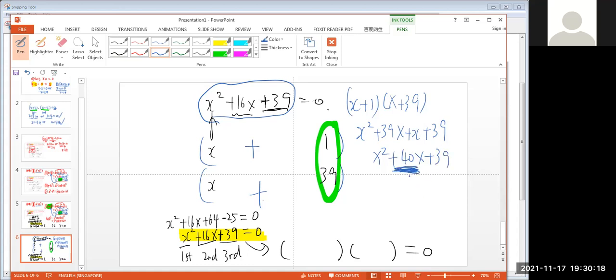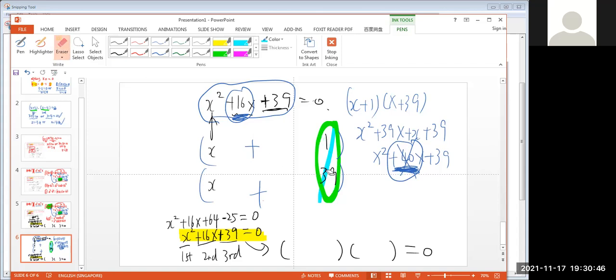Can you see? You get 40x instead, compared to 16x. You're supposed to get 16x here, but if you choose the combination 1 and 39, you're going to get plus 40x. So this is not what you want. That means this combination cannot work. So you need to take another combination.